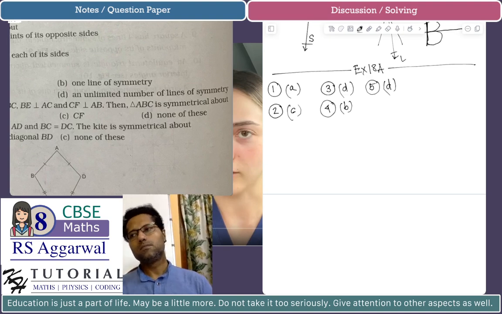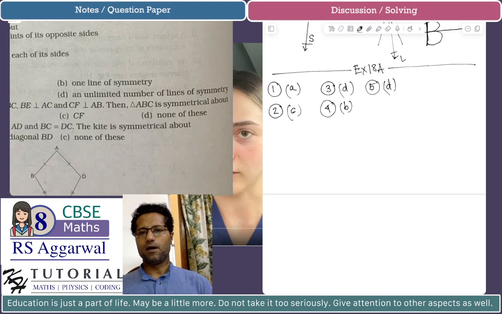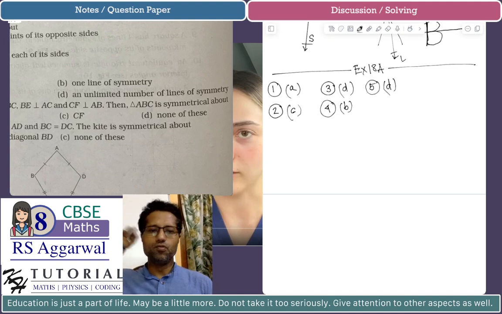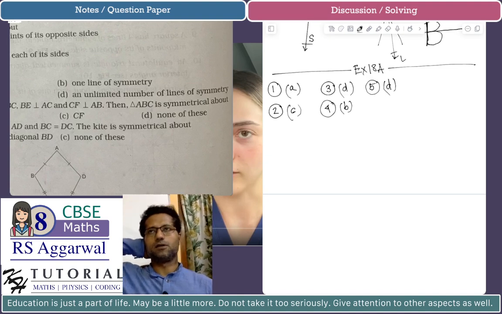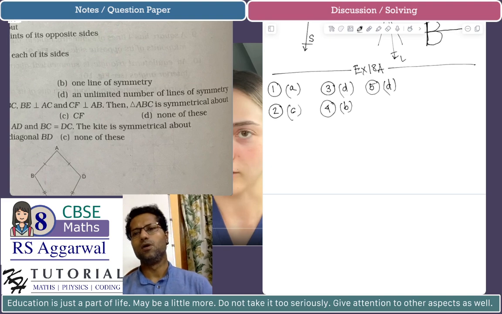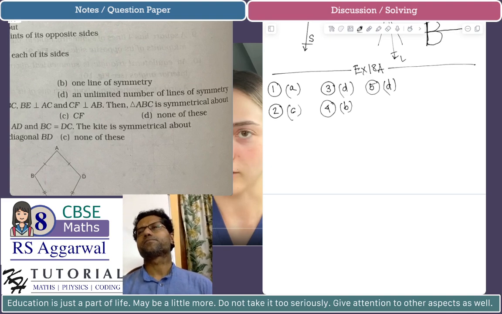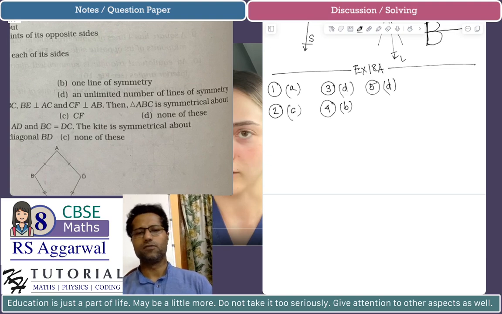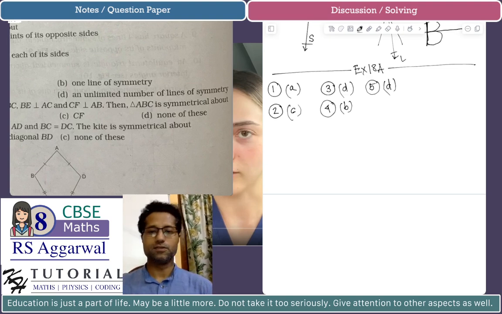I cannot mathematically prove that a circle has infinite number of points, but I hope it will not be an incorrect statement if I say a circle has infinite number of points on its circumference. So if it is so, then I can draw a unique diameter passing through a particular point of a circle. So therefore there will be infinite, unlimited number of lines of symmetry.